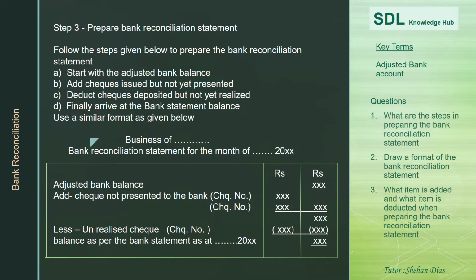So finally, based on these adjustments, you will arrive at the balance which should tally and which is the bank statement balance issued by the bank at the end of the period. You can use a format similar to the one that is shown here.